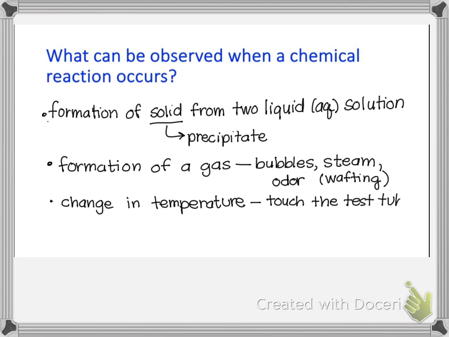And another one that we might observe is a color change. So in lab, when you do your reactions, I can think of two examples. In one case, we have copper, which is a reddish material, and it displaces silver, which we'll talk about later.